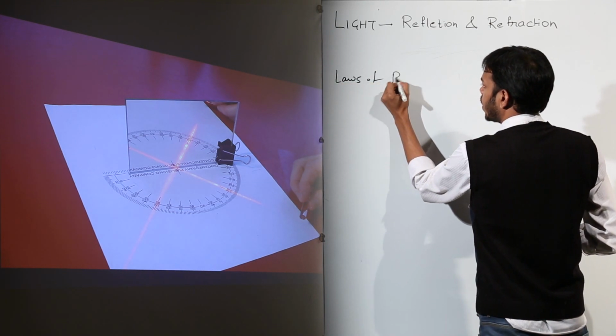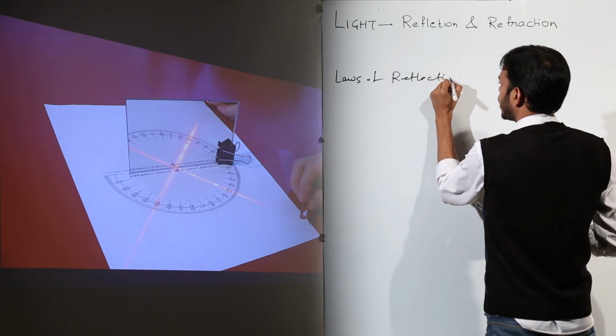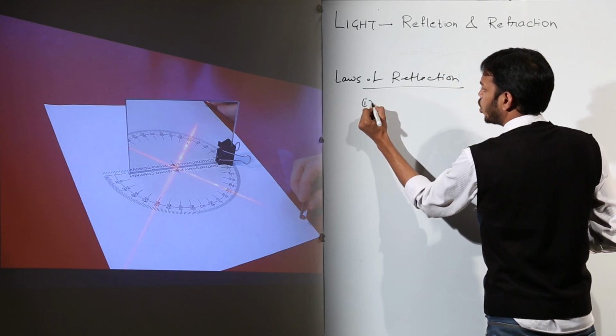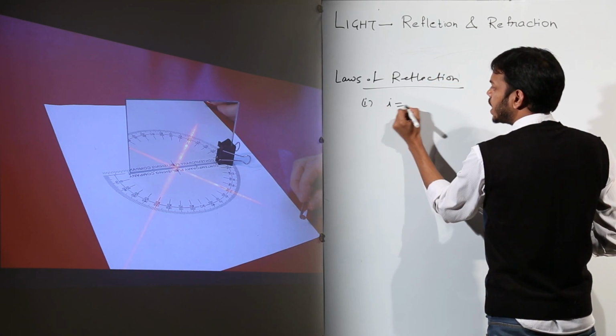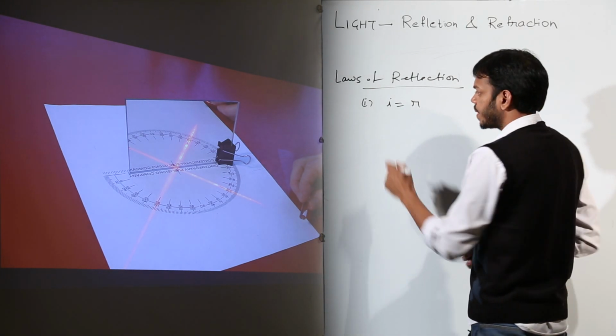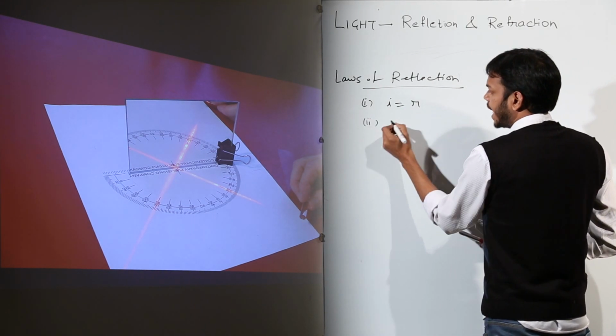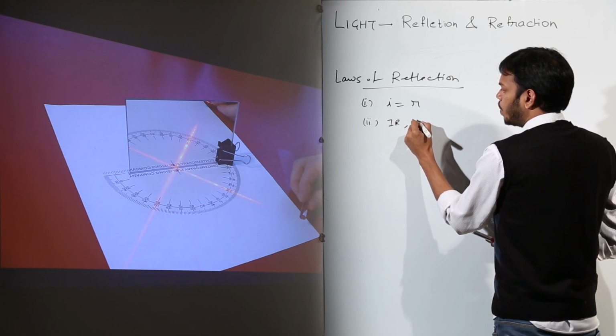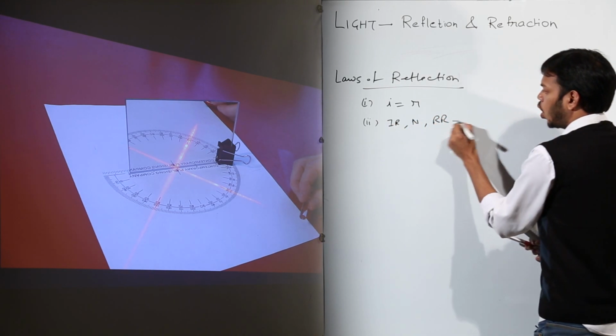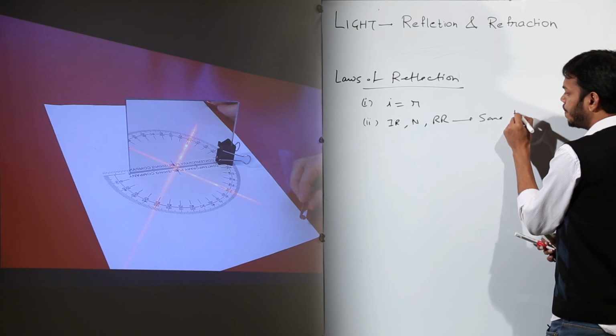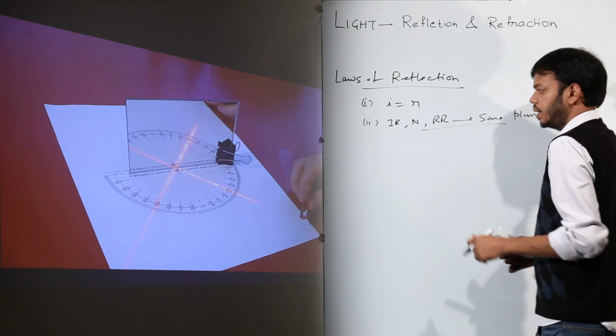The first one, and the most important, was angle of incidence is equal to angle of reflection. And the second thing was that the incident ray, normal and reflected ray all lie in the same plane. They won't lie in different planes.